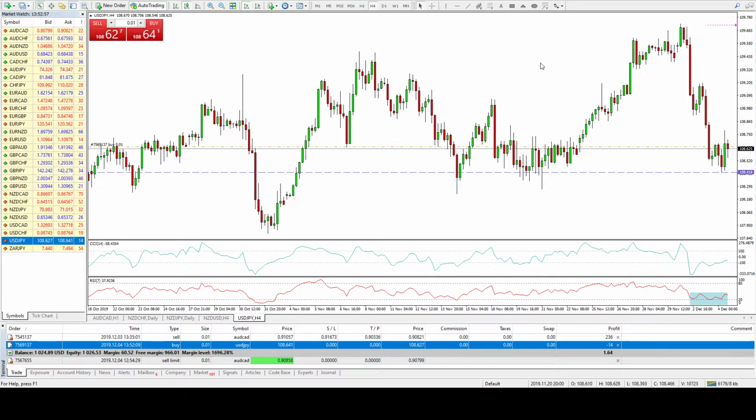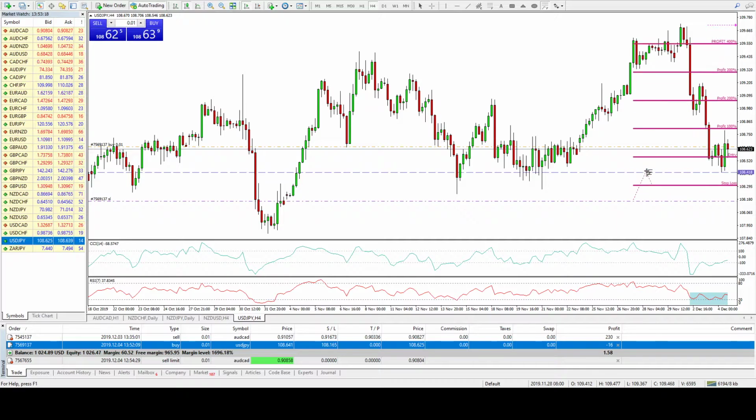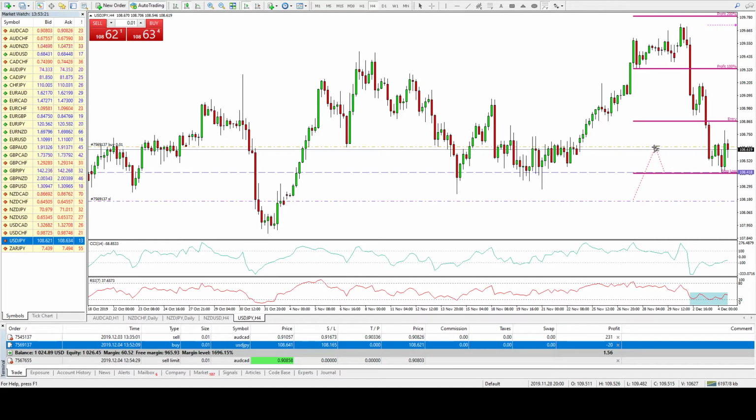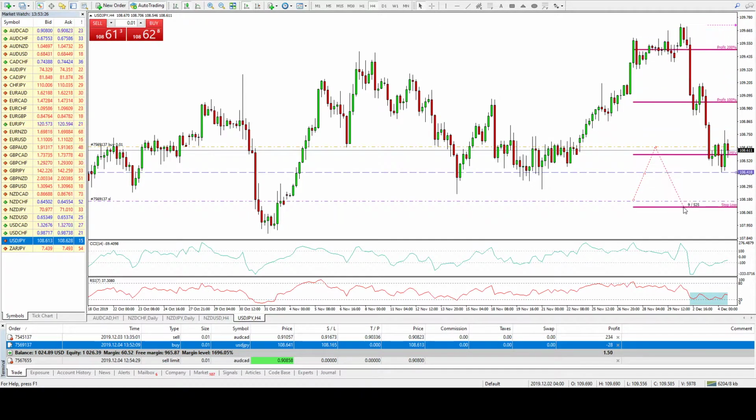So my stop loss will be somewhere here. Okay, and I'm going to get my risk and reward tool, and I'm going to go from stop loss to entry and bring it back. The second leg to stop loss, and this gives me my ratio.